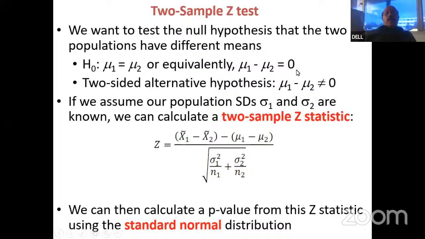Here, another case is two samples. Two samples in the sense we are taking one sample from one population and another sample from another population.